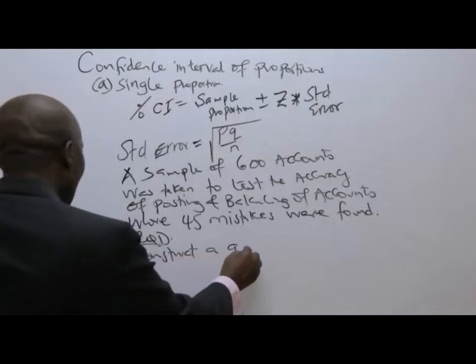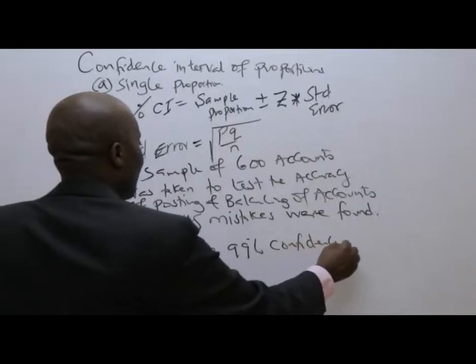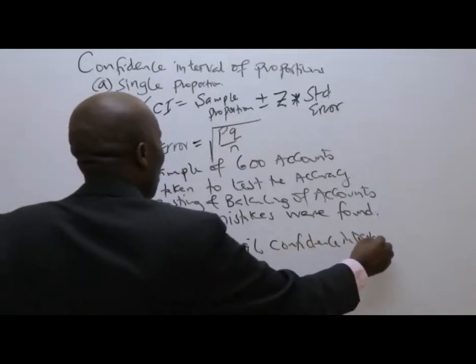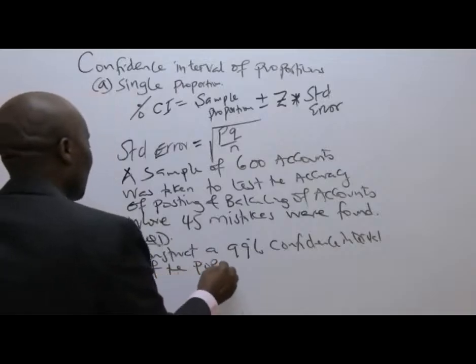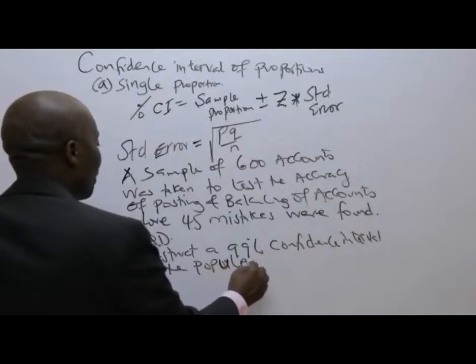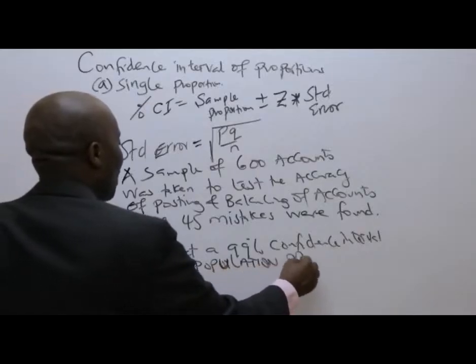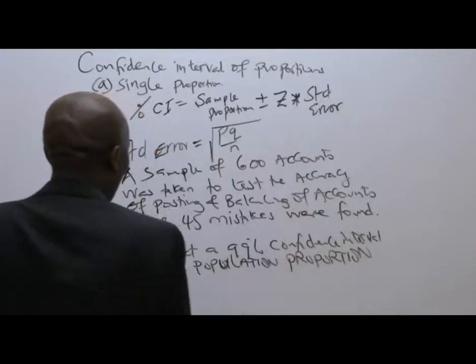So we are required to construct a 99% confidence interval of the population proportion with mistakes.